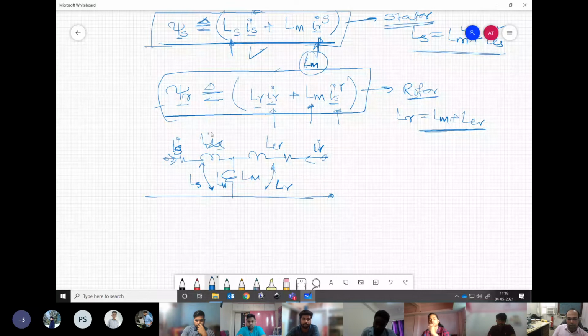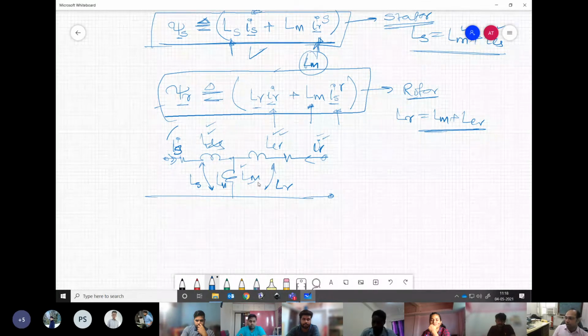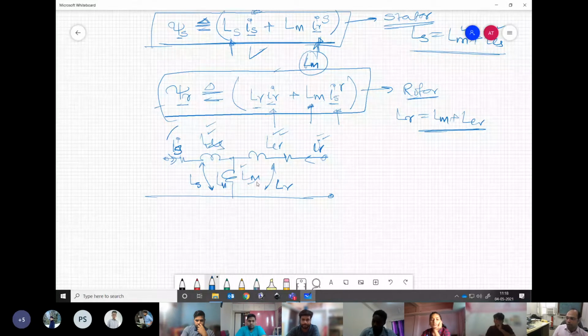So Is is associated with both LLS and Lm. Similarly, Ir is associated with both LLR and Lm. But Is is not associated with LLR and Ir is not associated with LLS. That is the definition of leakage. When we say stator leakage, only the stator current is associated with that inductance. When we say rotor leakage inductance, only the rotor current is linking with that rotor leakage inductance. Am I clear up to this point?